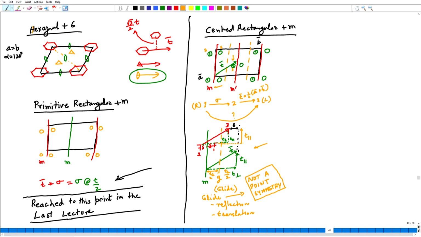And where is the T perpendicular in the plane group diagram? Well, this is basically B by 2. So, if I look at this, this is my perpendicular component and A is the parallel component. So, this is perpendicular and this is parallel.